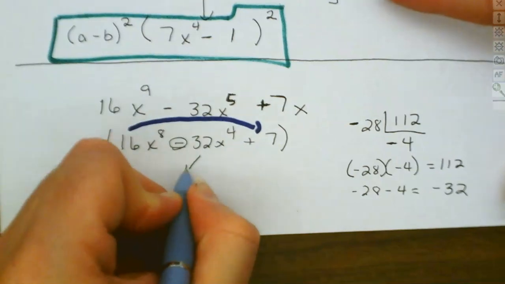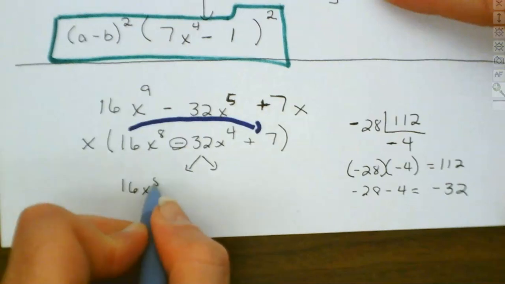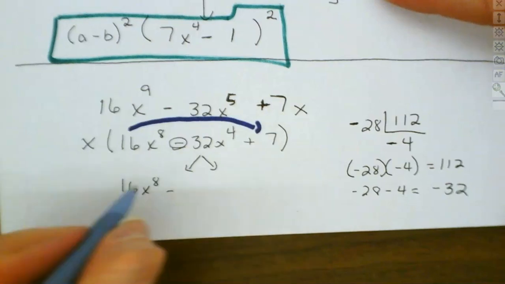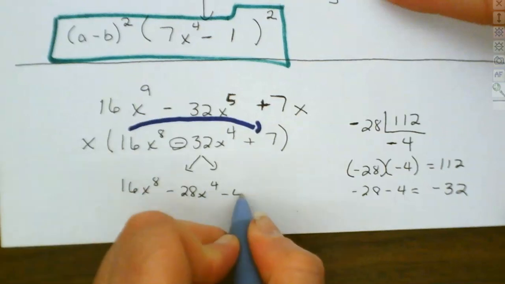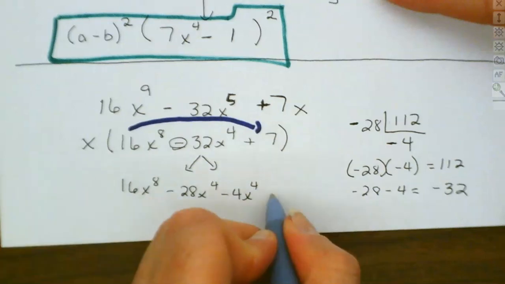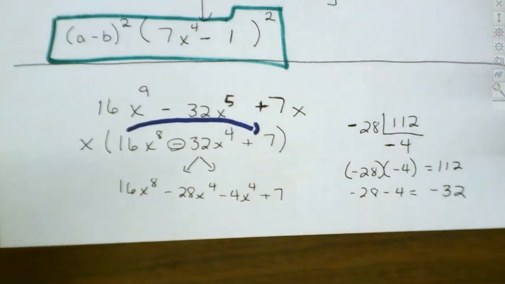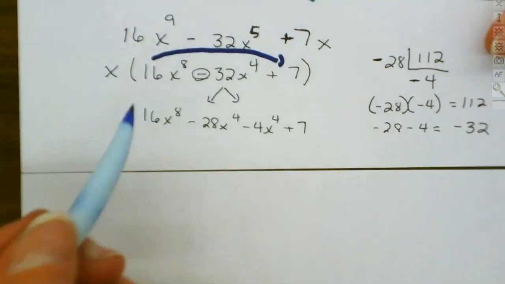Now we split this up, factor it by grouping. So we have a 16 x to the 8th, we have a minus 28 x to the 4th, we have a minus 4 x to the 4th and a plus 7. Well, you can go a little bit further here because these have what in common.